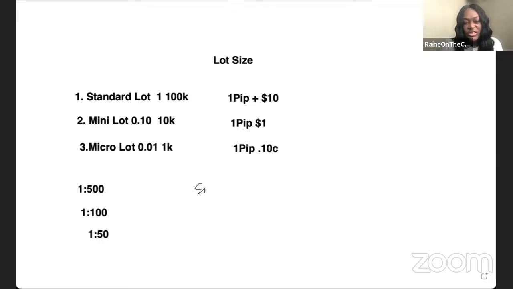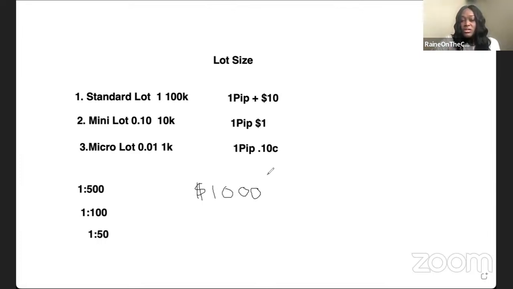Say you have $100. Right? Or let's say $1,000. So you have $1,000, and you see how when I went to open up that demo account, it had the 1 to 500 leverage.